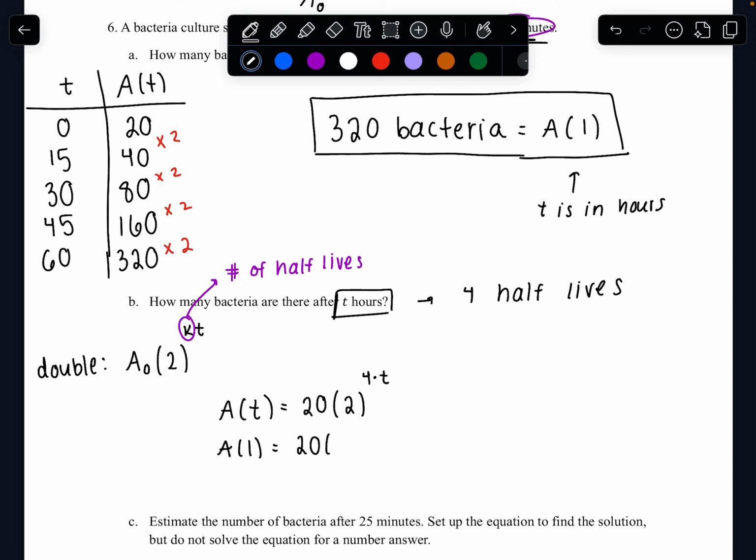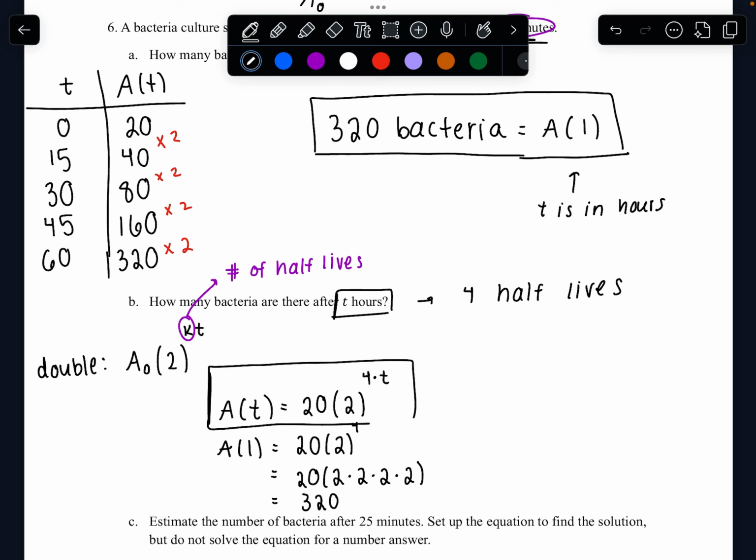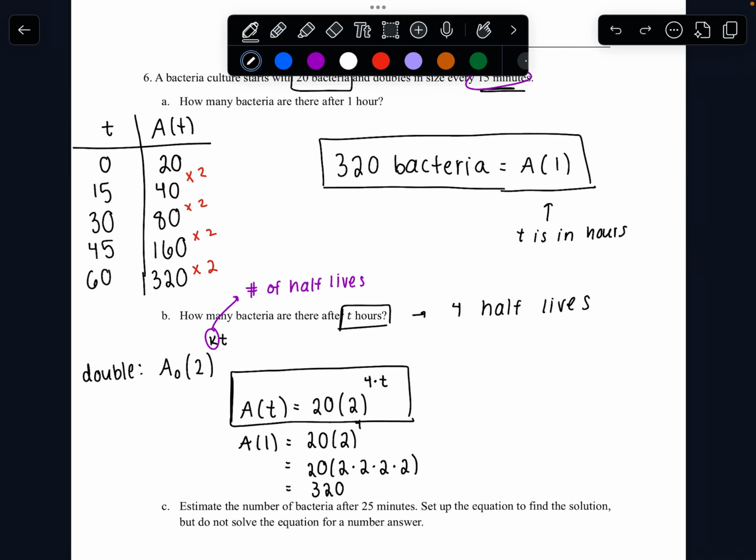That will give me 20 times 2 to the 4 times 1, so that's 20 times 2 times 2 times 2 times 2. Didn't we already do that? We did. So that does equal 320. That's how you can check how you did it. The most common mistake is forgetting the 4. So make sure you don't forget it.